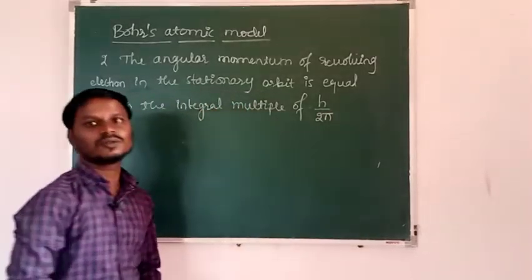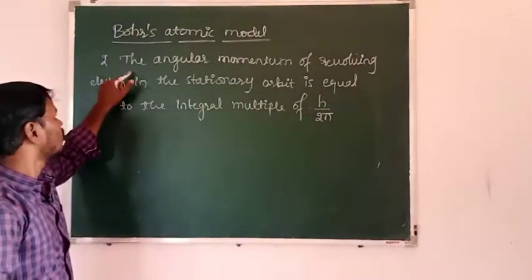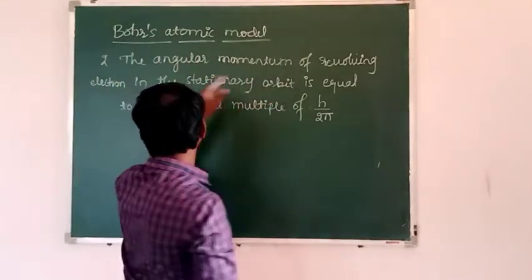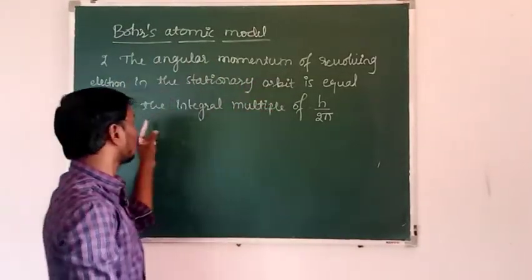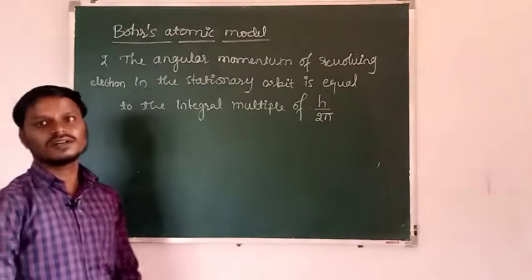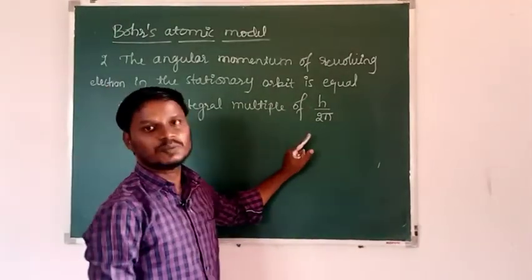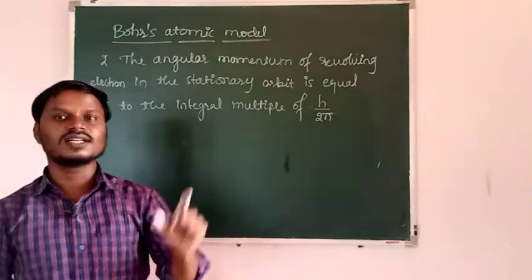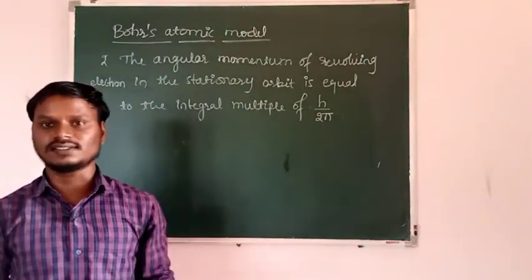See here. So what is the second postulate here? The angular momentum of revolving electron in the stationary orbit is equal to the integral multiple of h by 2 pi. Means the angular momentum of the revolving electron is quantized. Quantized means it is discrete.